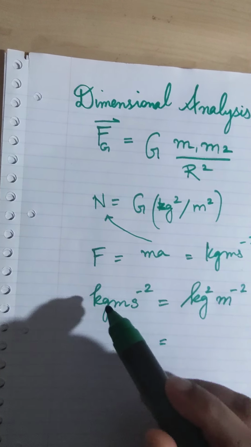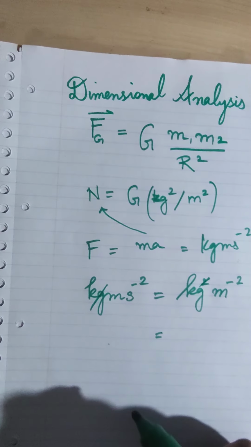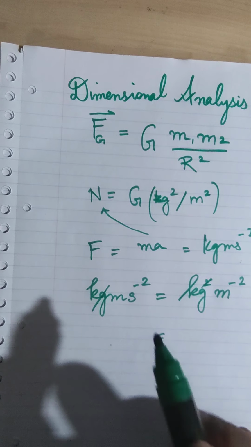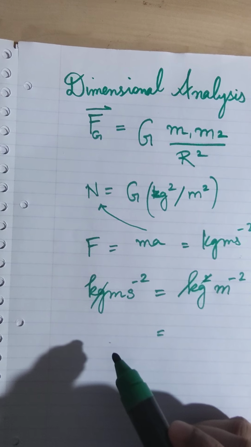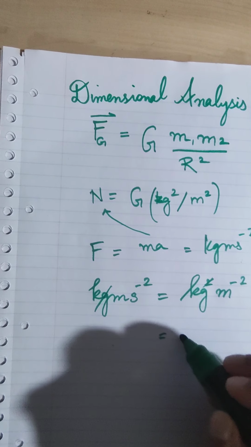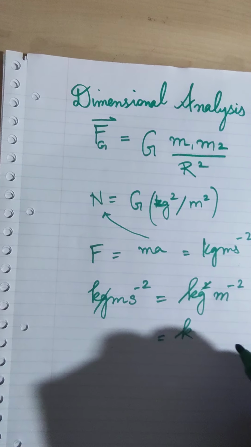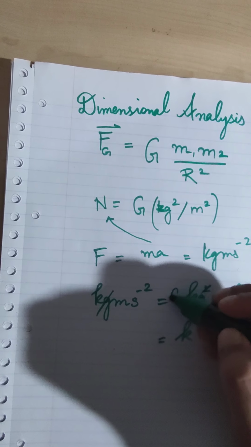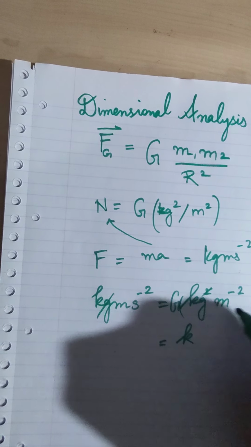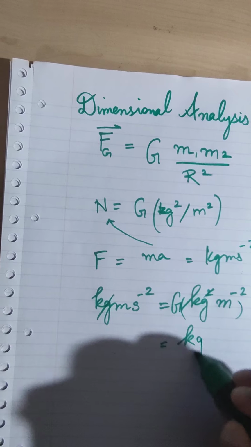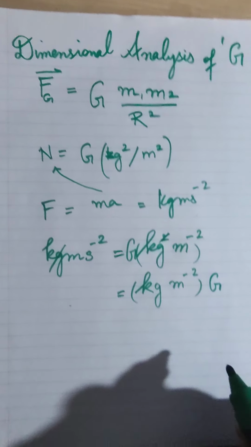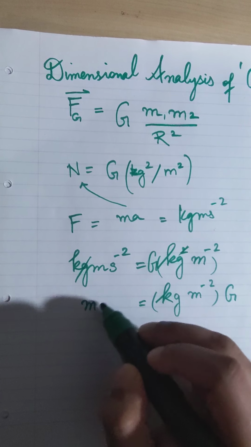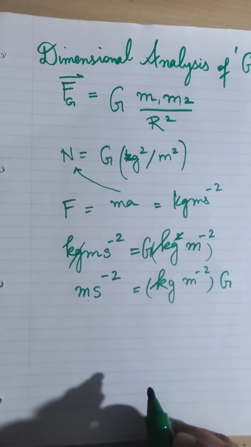And we could cancel 1 kg, and that would give us kg here per meter squared, that's gravitation, and then we've got meters per second squared here.